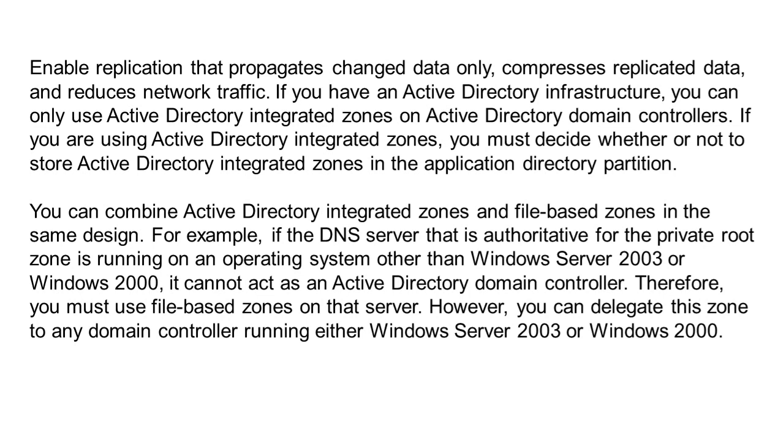For example, if the DNS server that is authoritative for the private root zone is running on an operating system other than Windows Server 2003 or Windows 2000, it cannot act as an Active Directory domain controller. Therefore, you must use a file-based zone on that server. However, you can delegate this zone to any domain controller running either Windows Server 2003 or Windows 2000.